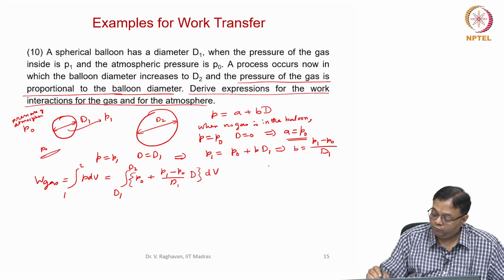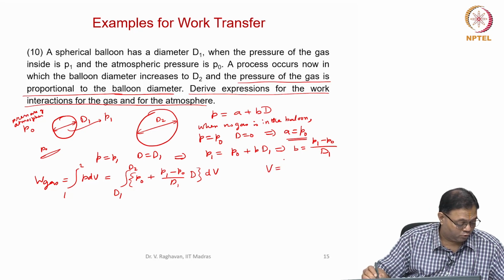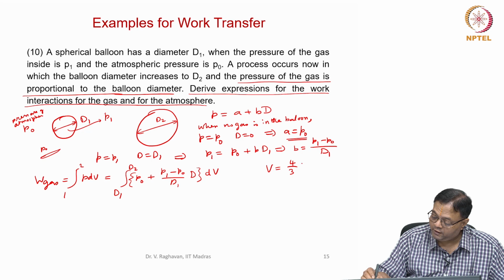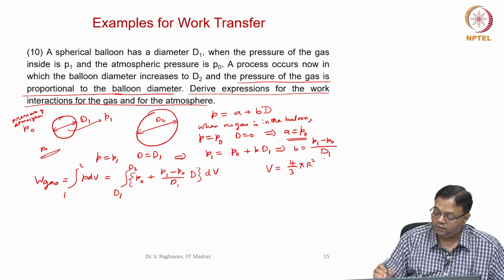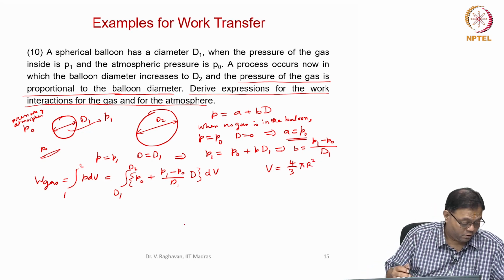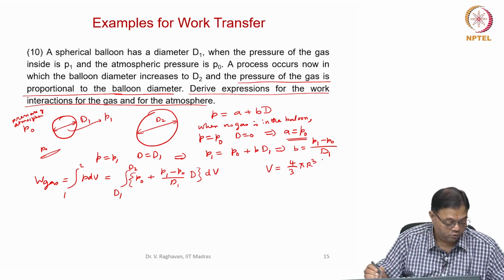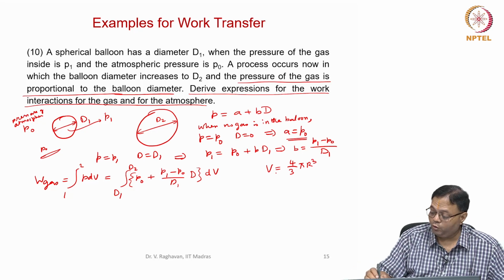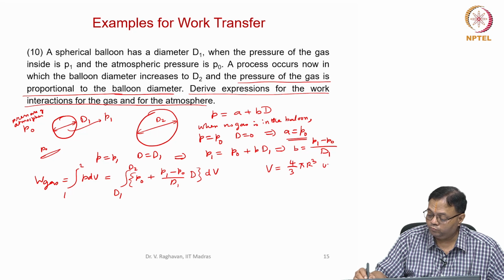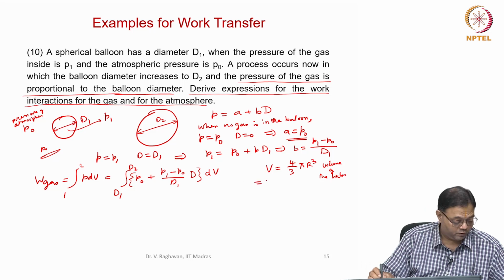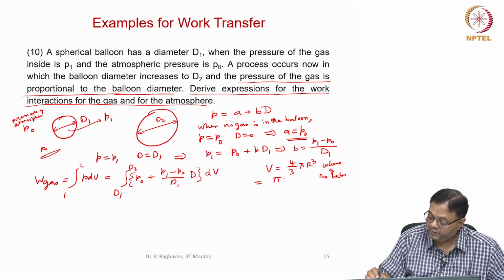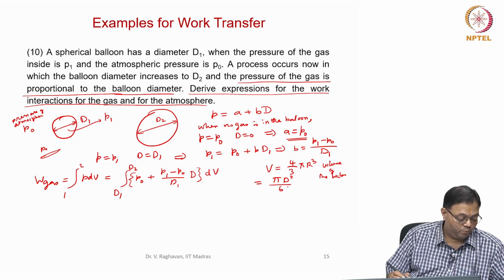Now, what is V? V is equal to 4 by 3 pi r cube for the volume of the balloon. So, in terms of diameter, this is pi d cube by 6.